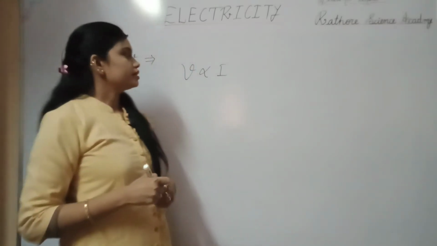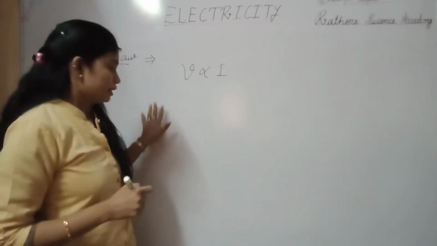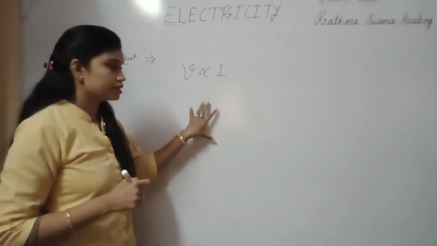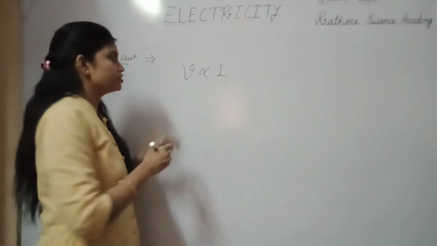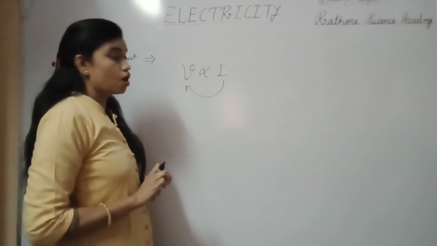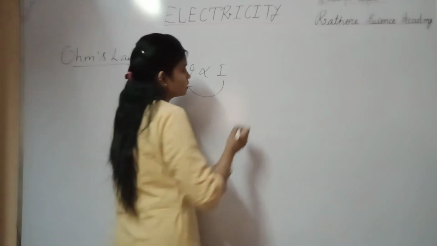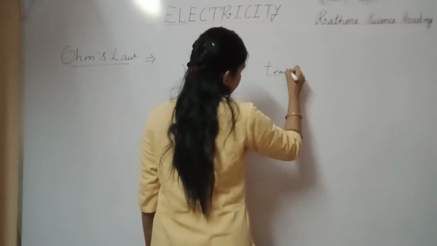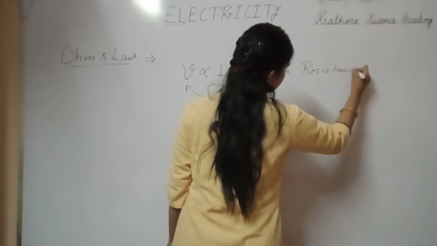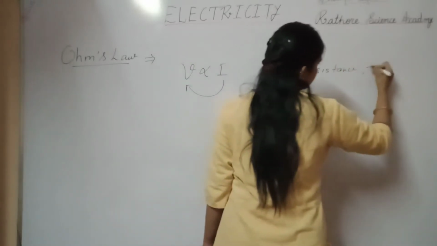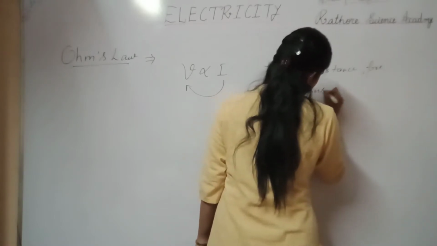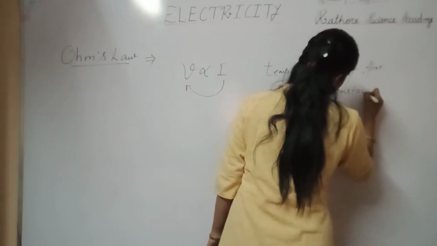That means in a current carrying conductor, current is directly proportional to the potential difference when all physical conditions like temperature, resistance, pressure remain constant.